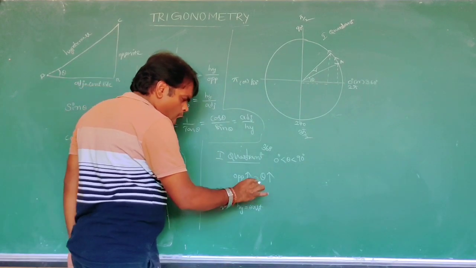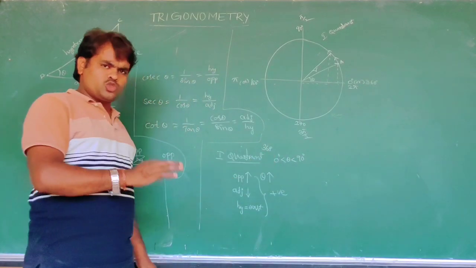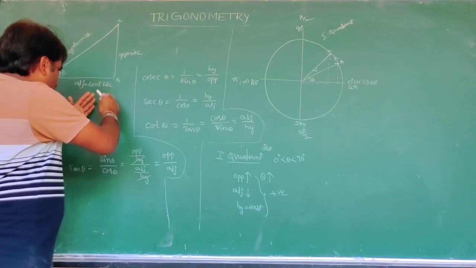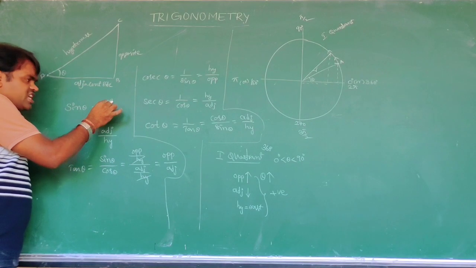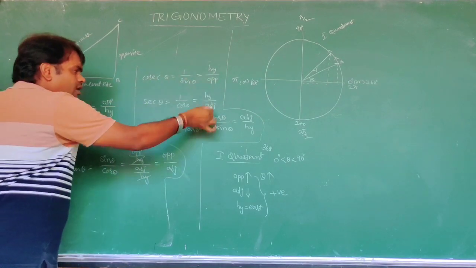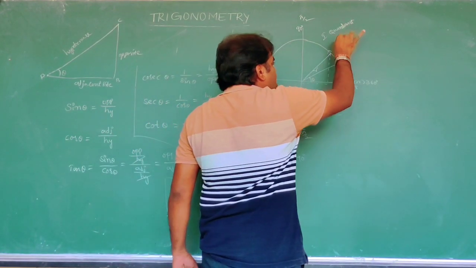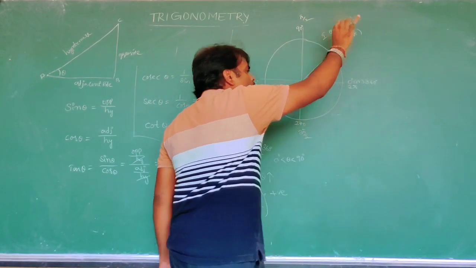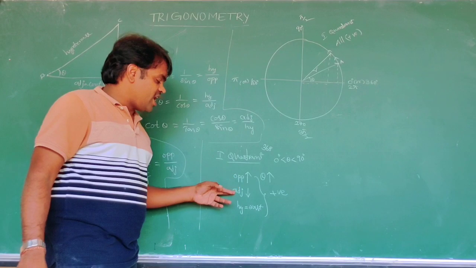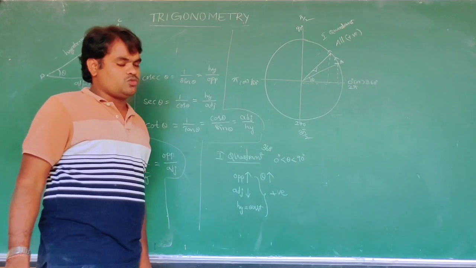Here all of these must be positive. In the trigonometric ratios, the opposite side is positive, the hypotenuse is positive, the adjacent side is positive. That's why in the first quadrant, all trigonometric ratios are positive.